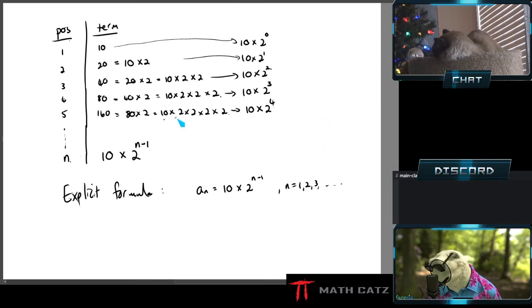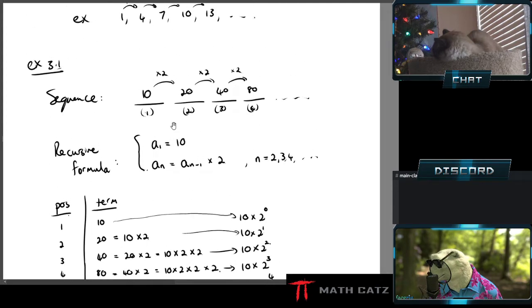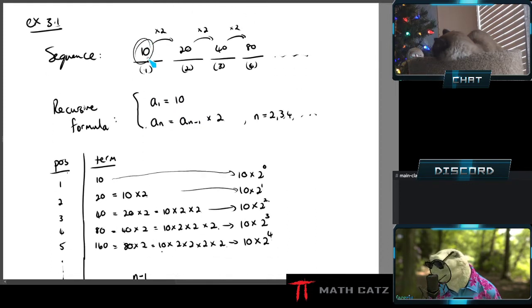So now I don't want to be too connected to this specific sequence, but rather notice the places where the key properties of this sequence go in the formulas. I have the first term and I have the number I need to multiply by.